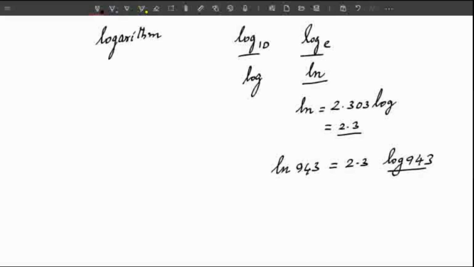To find the logarithm of any number, the first step is that you should have a ready reckoner for this logarithm. You should keep it in your memory. Then only you can adopt this method. What are the values? Log of 1. Don't say log of 0.